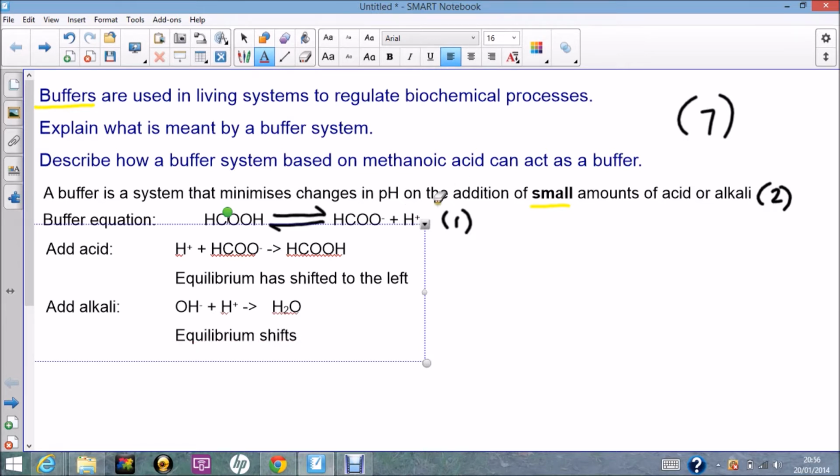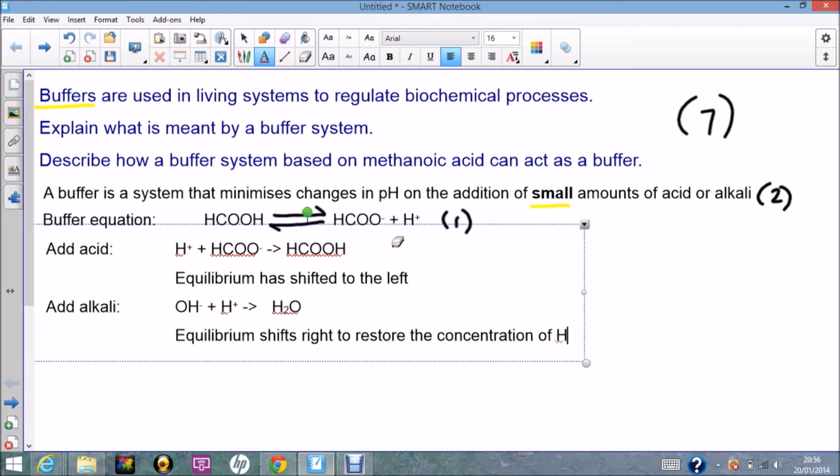So in this case, if I'm decreasing the concentration of H plus because I'm reacting them with OH minus ions, then this equilibrium is going to want to restore that concentration, so it's going to move to the right. You wouldn't need the explanation, you just need to say which way it shifts.